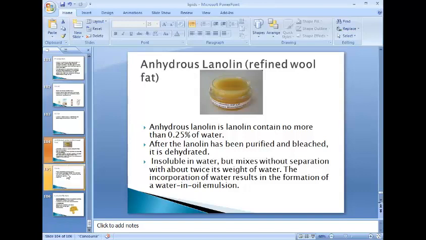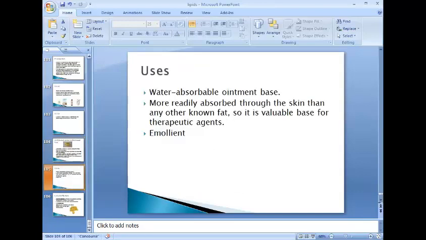As far as its application is concerned, it is a water-absorbing base, and as it has a high tendency to absorb through the skin more than any other fat, it is a valuable base for therapeutic agents, and it has emollient property.